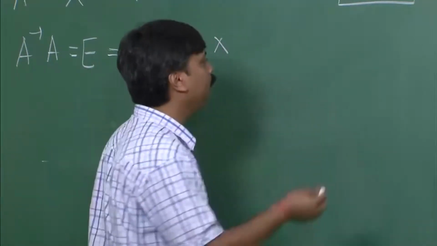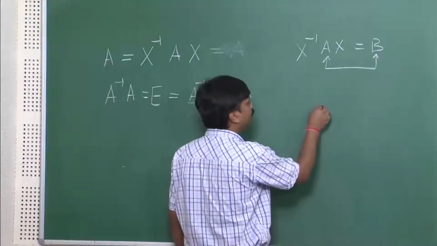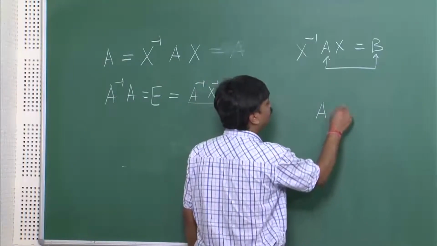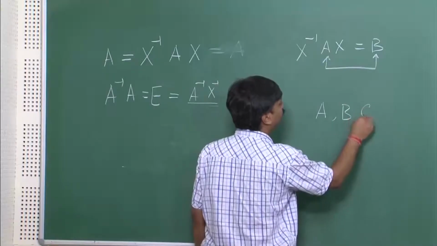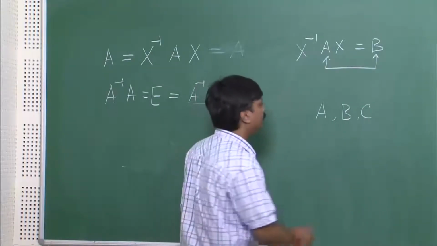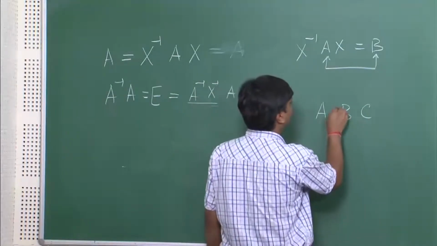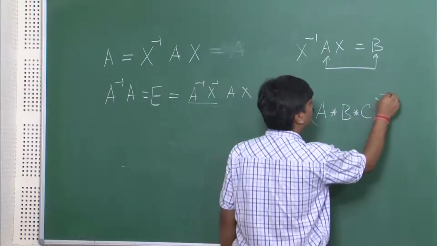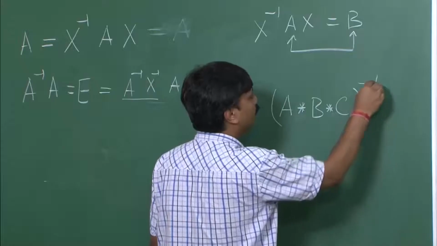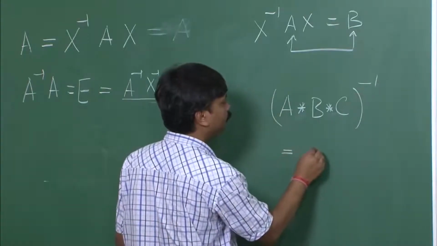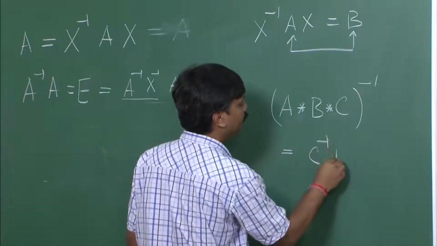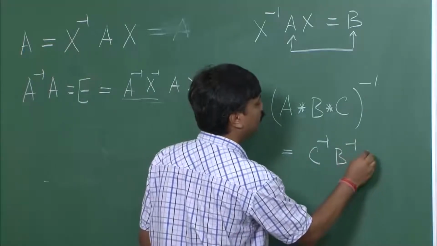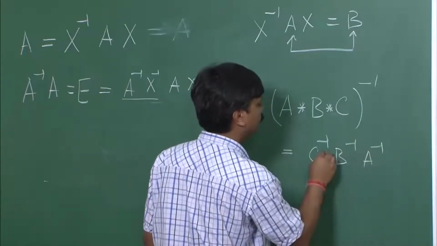Mathematically, if A, B and C are members of a group, and I define a particular binary operation, then the inverse of ABC is equal to C inverse B inverse A inverse.